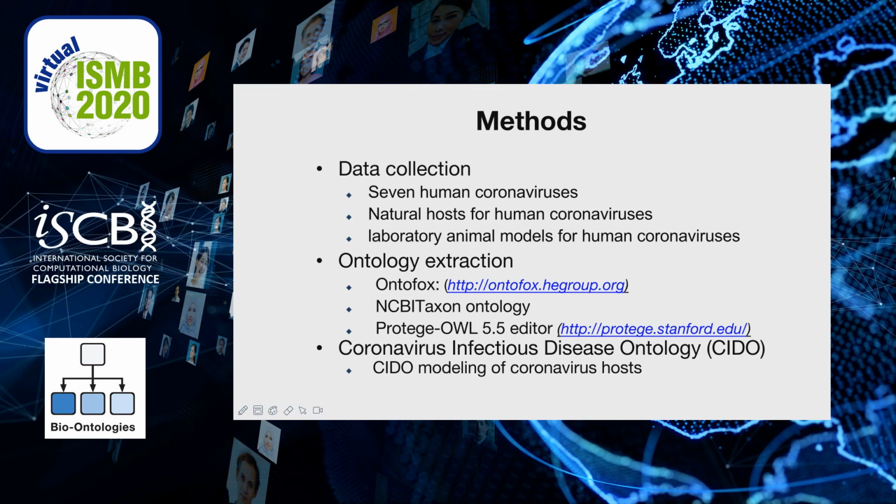We collected articles to identify various hosts of human coronaviruses, including laboratory animal models. All the viruses and hosts were classified using the NCBI taxon ontology, Ontofox, and Protégé, our editor. Additional axioms and terms were added in CIDO to link the coronaviruses and their hosts.